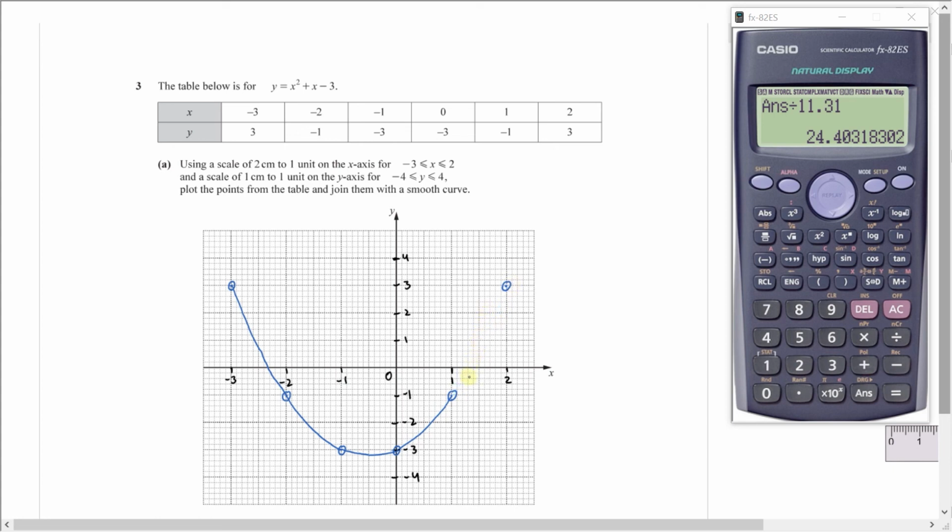Let me draw the last part again. All right, so this will be your curve for these points.